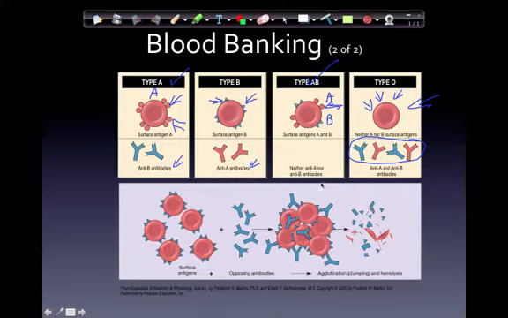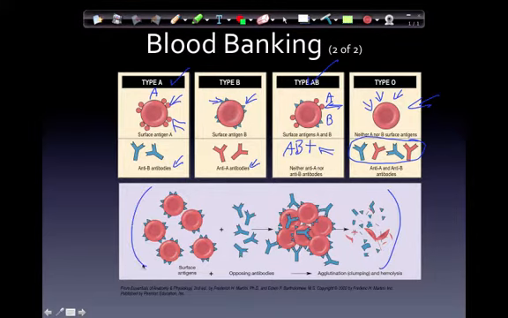AB can take anybody's blood. I said that opposite just there for a second. AB positive would already be exposed to the RH factor. So they could take both AB negative and AB positive.